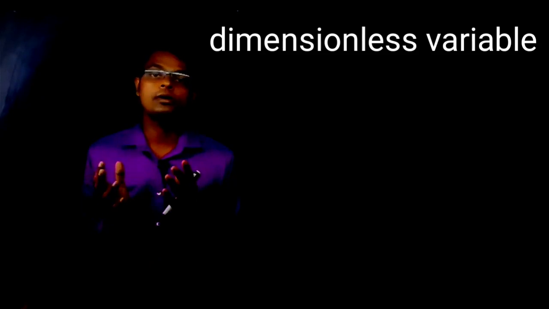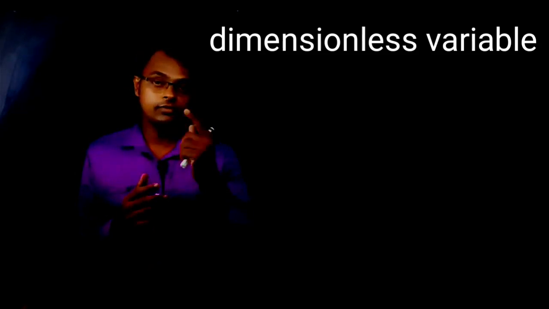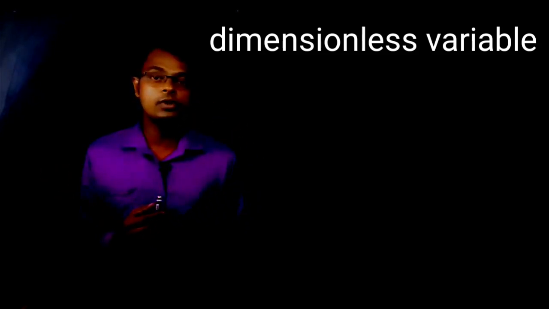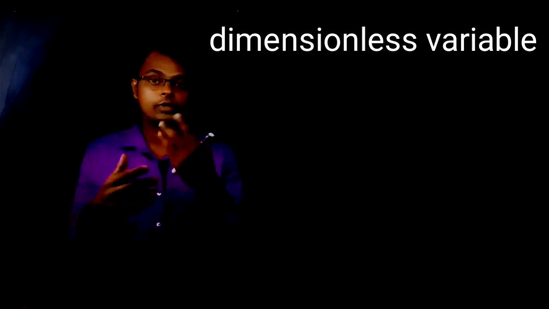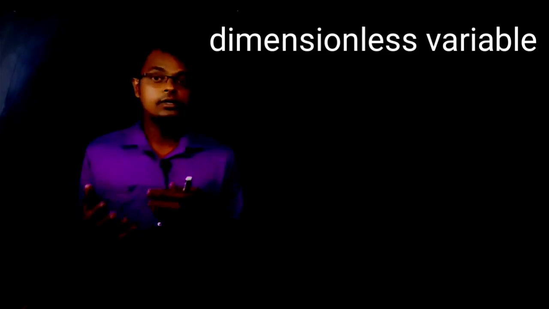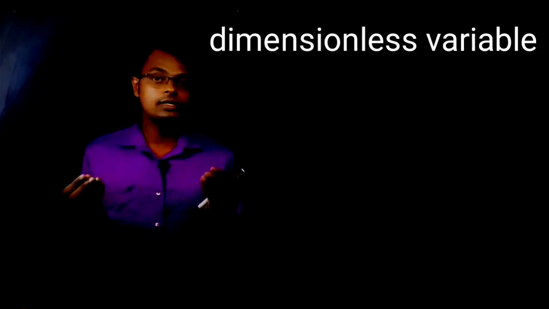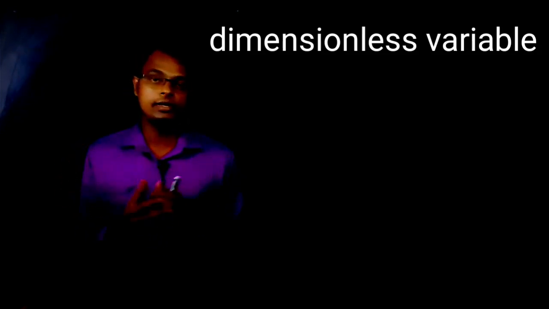The angle formula is arc length divided by radius. Length divided by radius, meter by meter, L by L. So there is no dimension, it will cancel. But the value may change: 10 degree, 30 degree, 40 degree, etc. So this is called dimensionless variable. There is no dimension, but the values are varying.